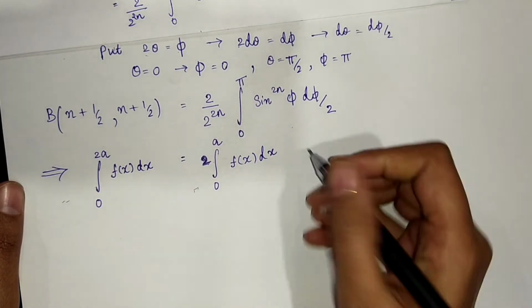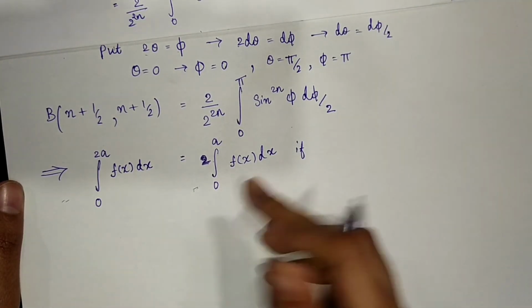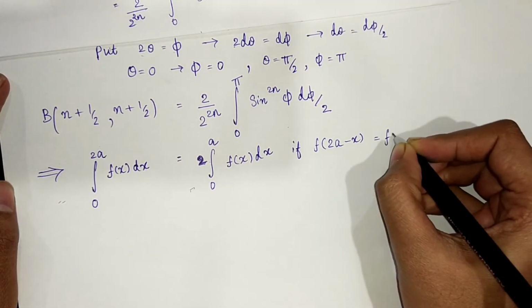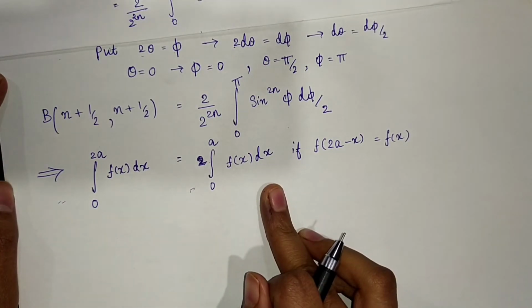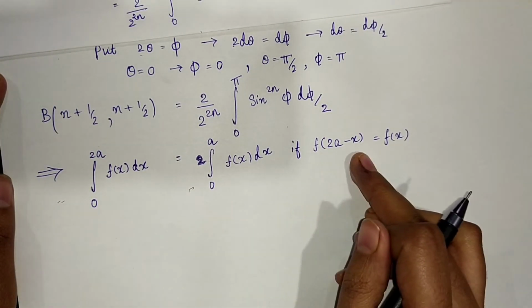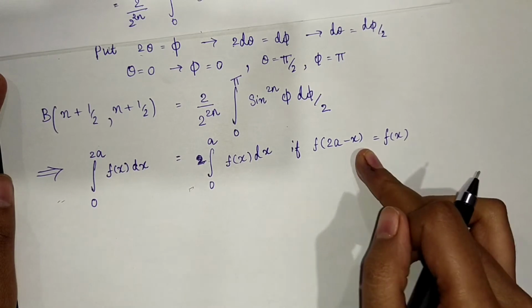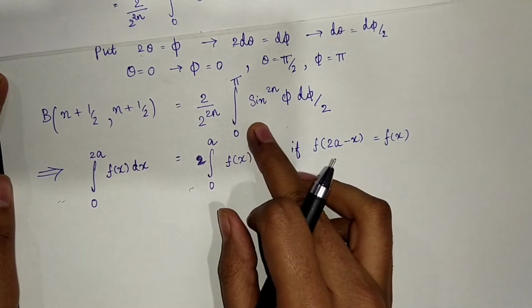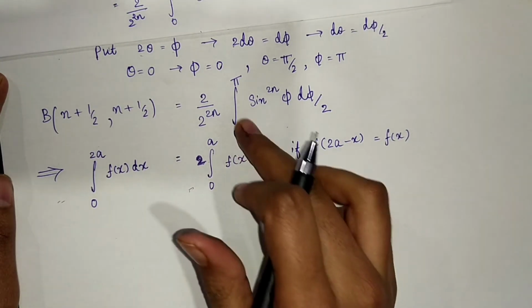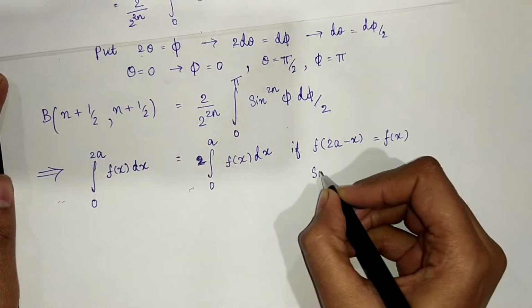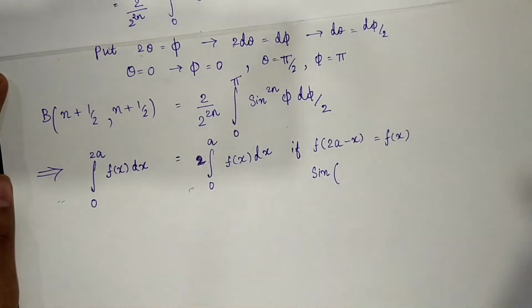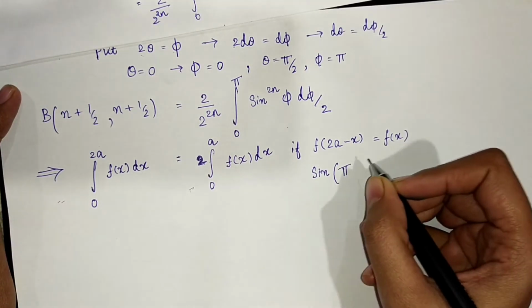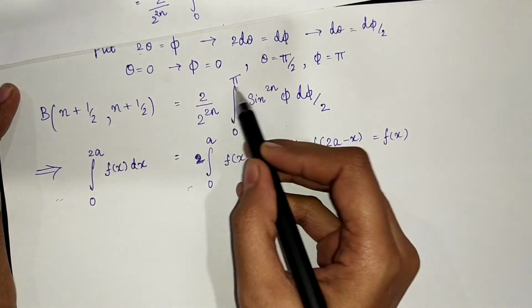But you can do this only if f of 2a minus x is equal to f of x. So here also, in this equation, we can see that our function is sine, and in place of 2a we have pi.